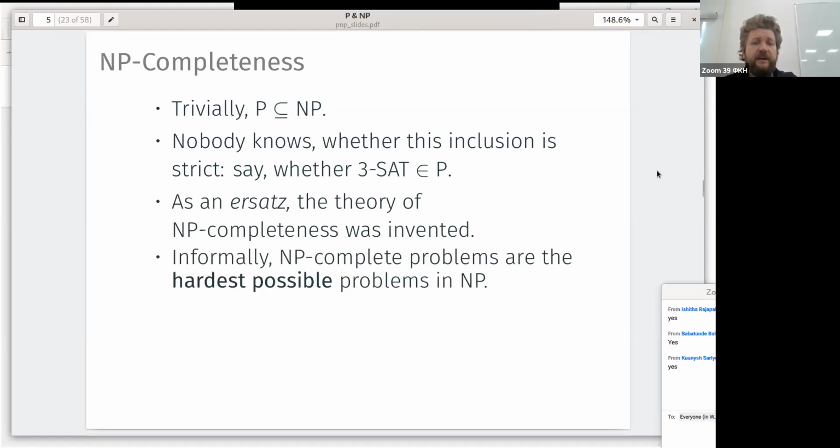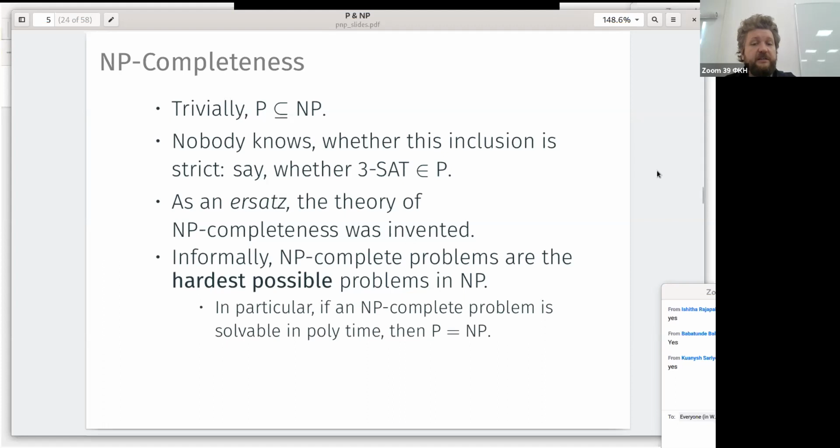And informally, NP-complete problems are the hardest possible problems in NP. So we have the class NP, and inside this class we are trying to find out what the hardest problems are. We will formally define this in a minute, but one corollary is that if you have a polynomial time solvable NP-complete problem, then this would yield that P equals NP, because it is the hardest one.